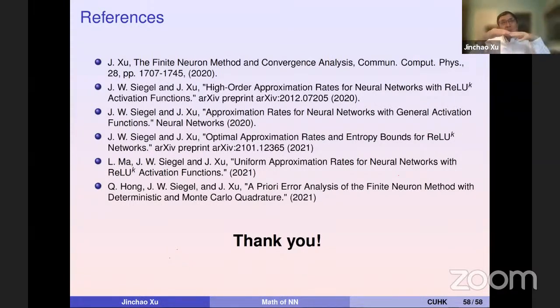So by increasing the power k, the smoothness of the ReLU, it not only increases the smoothness, as with the square or cubic, it also increases the degree of polynomials. And in that case, you do increase the rate of convergence. And does it help you to train?